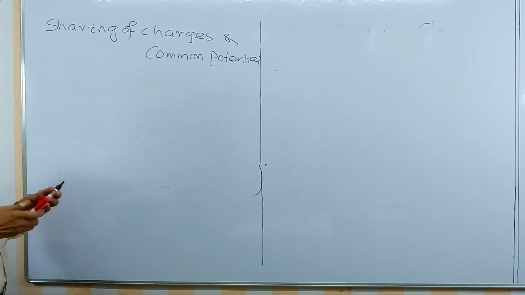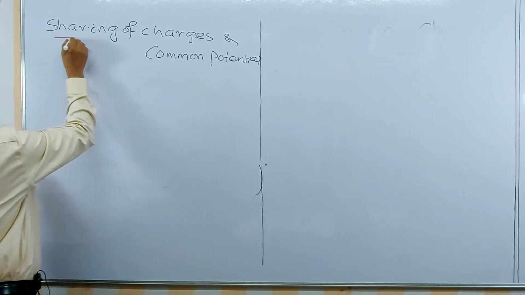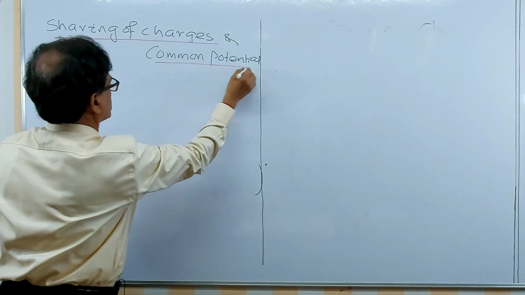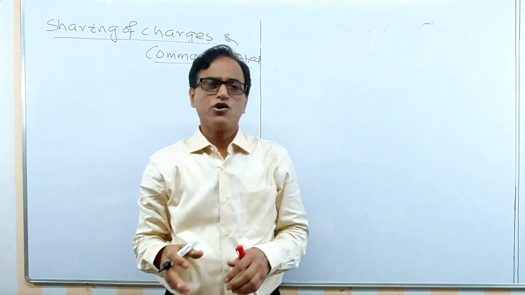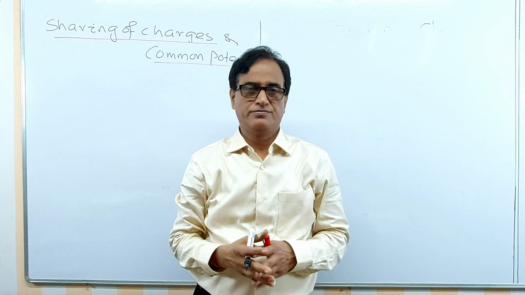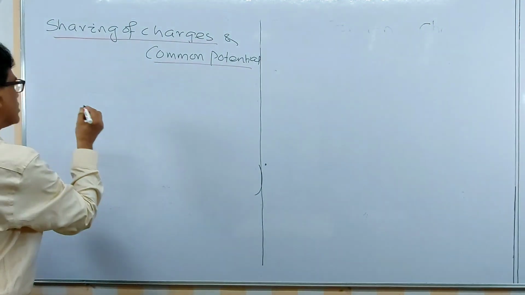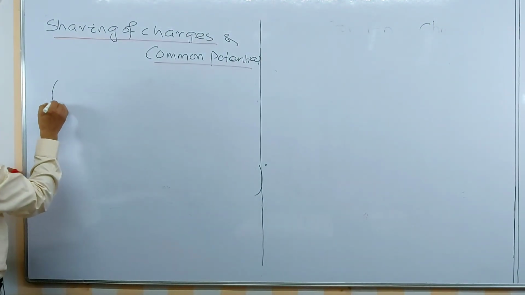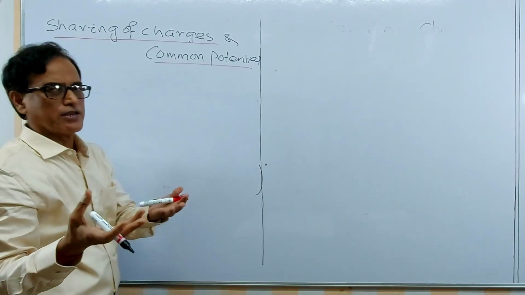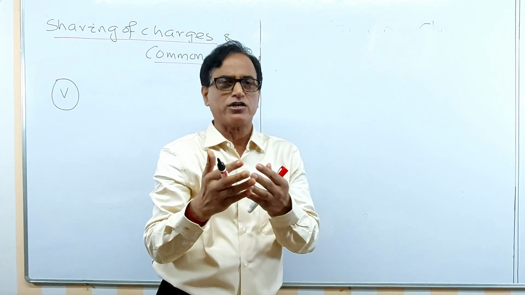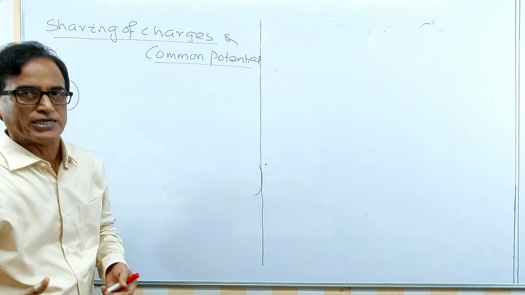This is very easy to follow. Now you consider any conductors. Consider that there is a conductor or a capacitor, we can say. It may be a spherical conductor, any type of conductor you can take, it has a certain capacity.